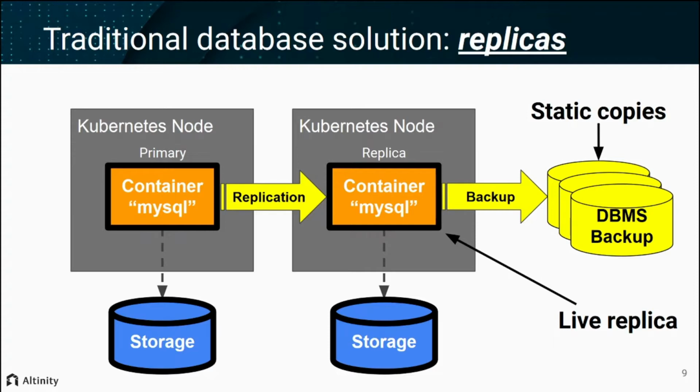So static copies and live replicas solve the problem of what to do when you lose your data in your primary database. The issue, though, when you come to Kubernetes is how do you actually implement this in Kubernetes? Because we're talking, at the very least, a complex deployment with a couple of different types of servers running in separate pods. We have backups.